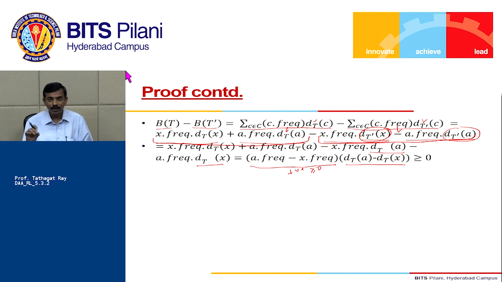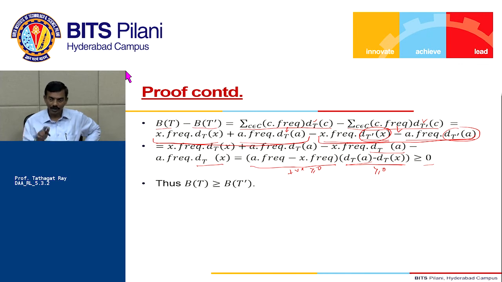Recall, A is the maximum depth element or character in tree T, so definitely dta is greater than dtx. So that is also greater than or equal to 0. If you multiply two positive quantities, it is greater than or equal to 0. Thus BT is definitely going to be greater than or equal to BT prime.